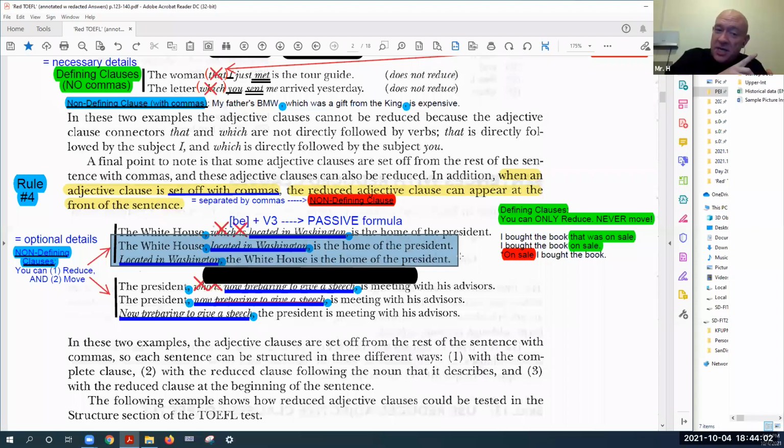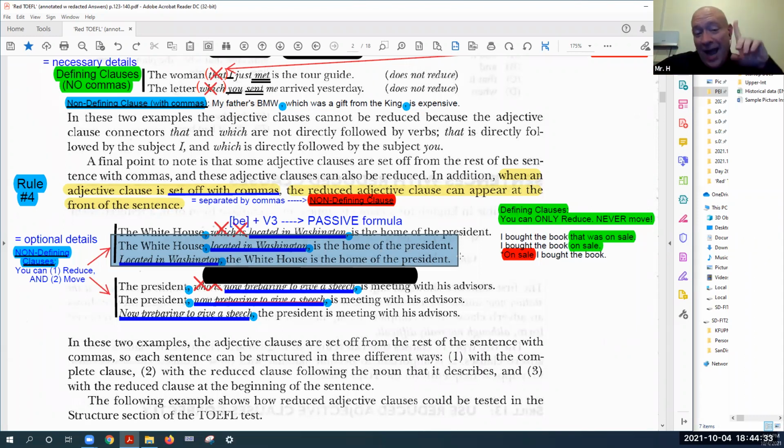Now, what does it describe, located in Washington? Does it describe the president? No, the White House. It describes the subject, the White House. So we put it at the beginning, put a comma, and then the subject, the White House.